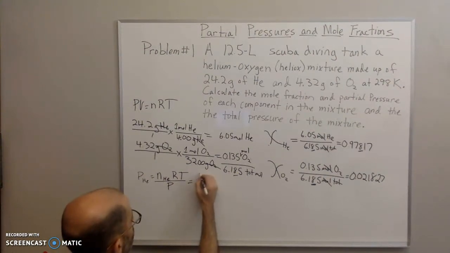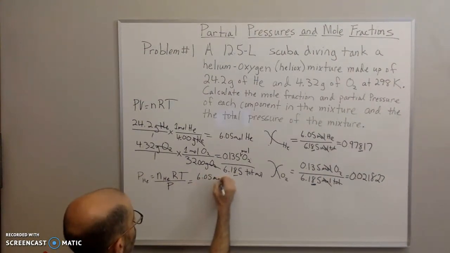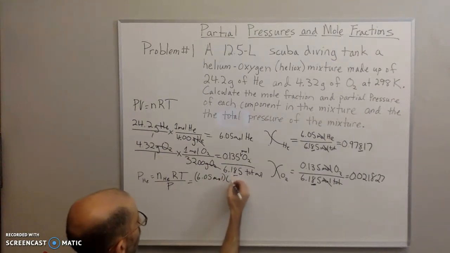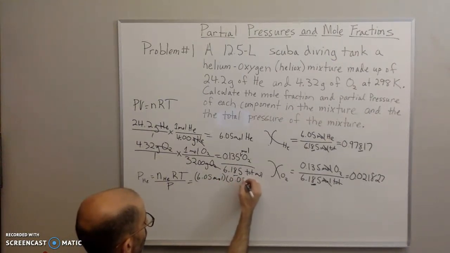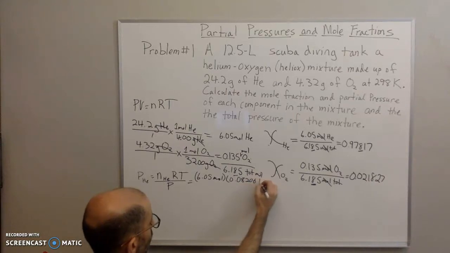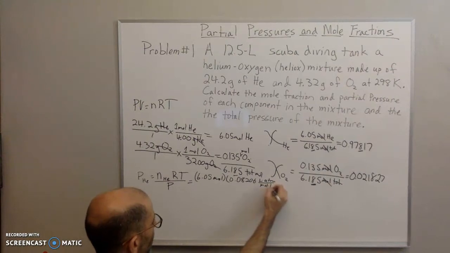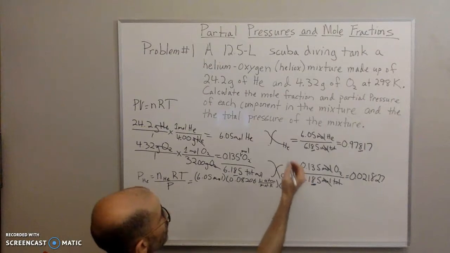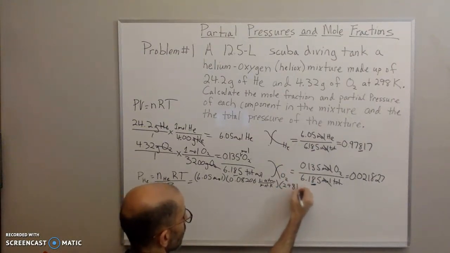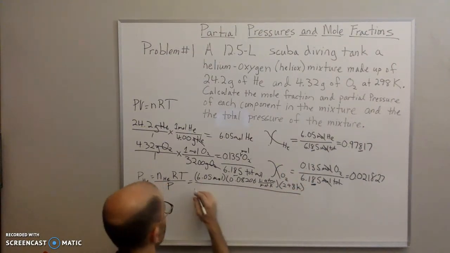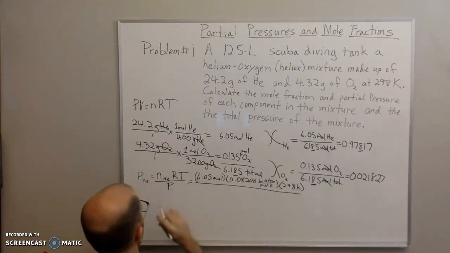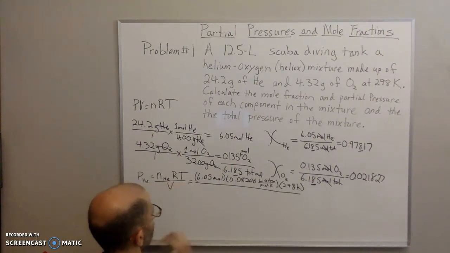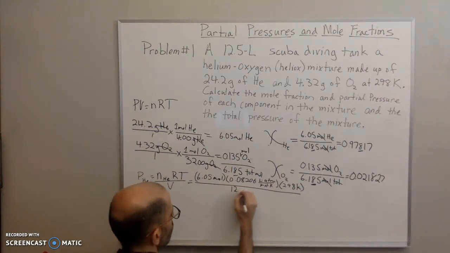The moles of helium is 6.05 moles multiplied by R, 0.08206 liter atmospheres over mole Kelvin, multiplied by temperature, which is 298 Kelvin, and then divided by the volume, which is 12.5 liters.